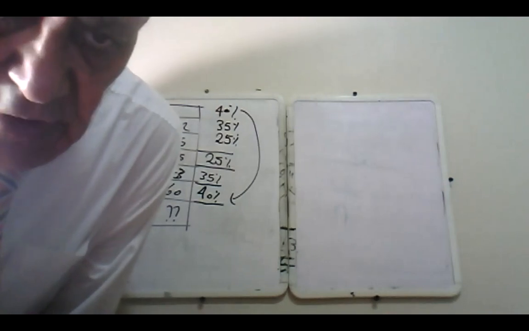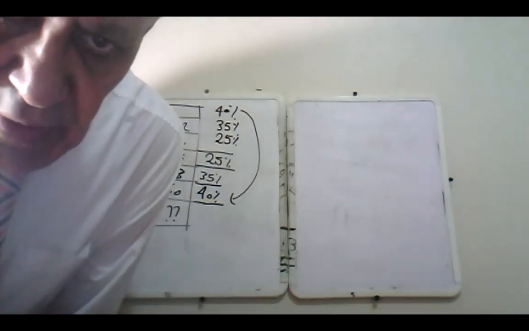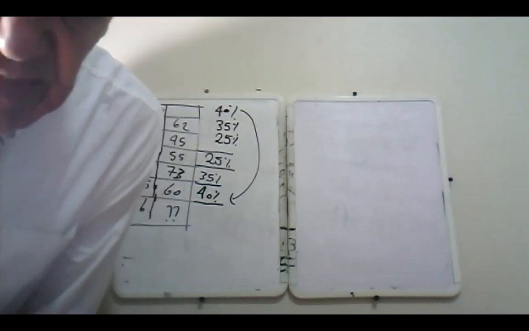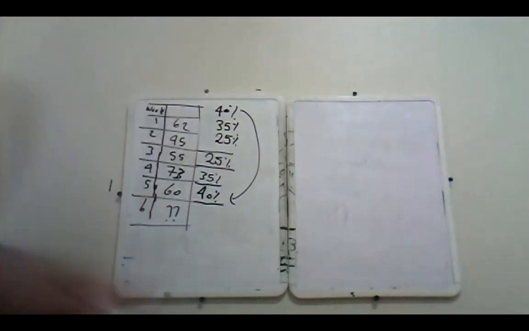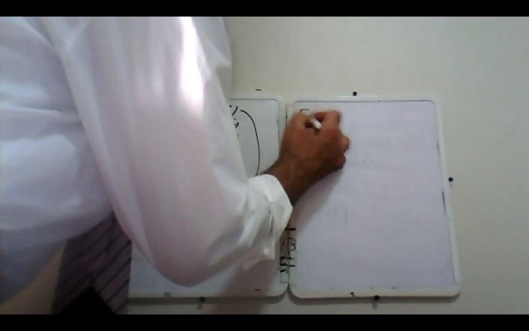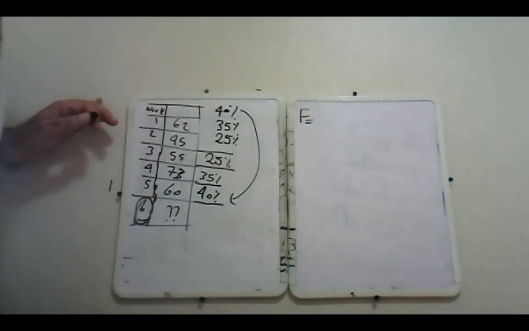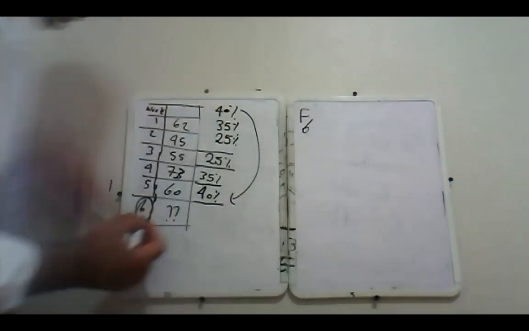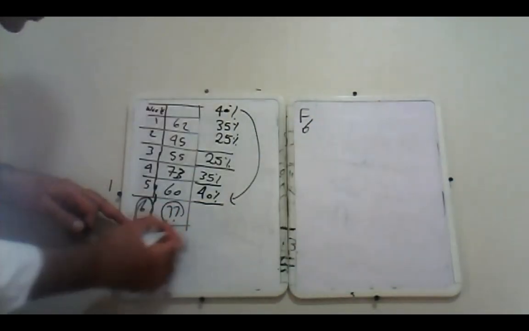Okay, so here we go. The first one is 60. Then I want the future week number 6 forecast. F means forecast, so F6 means forecast for week number 6, which is the question tag.